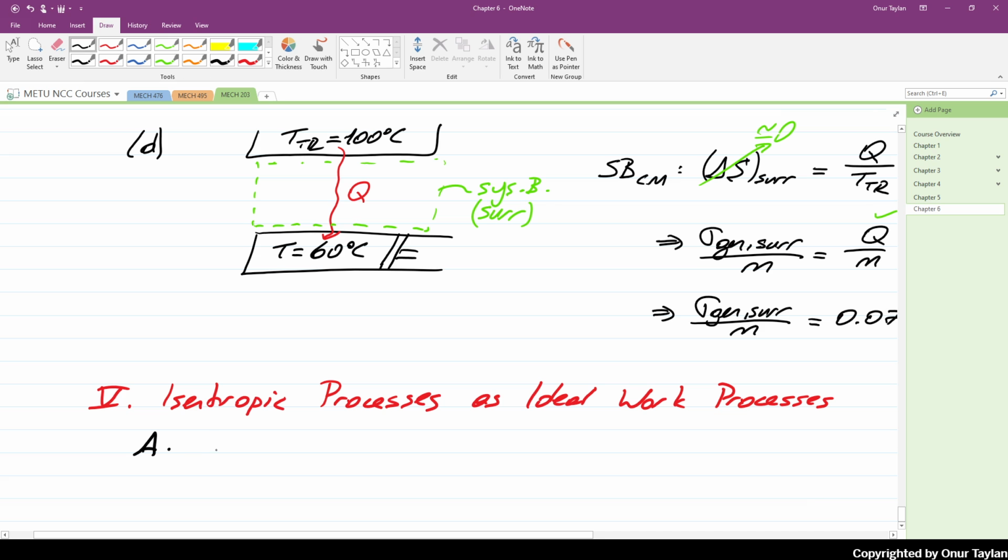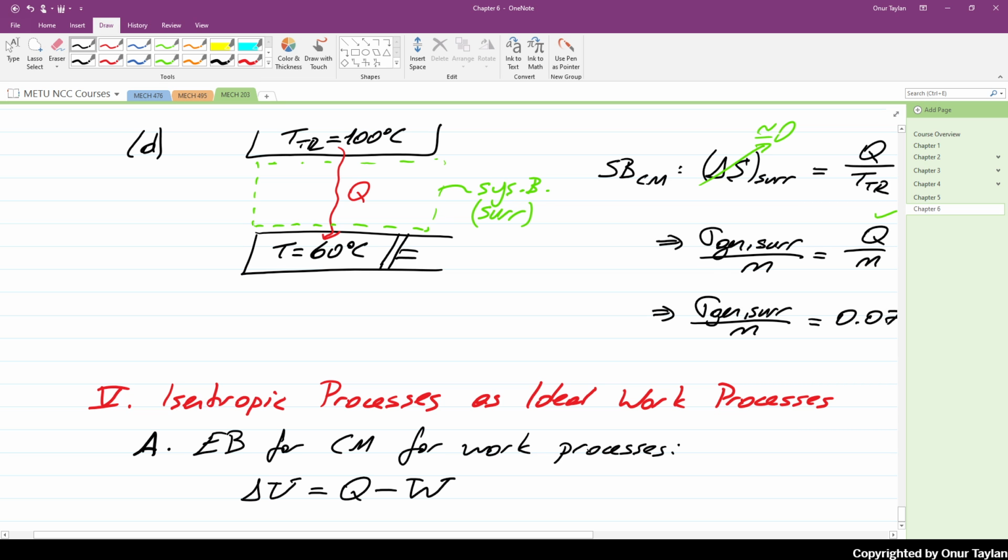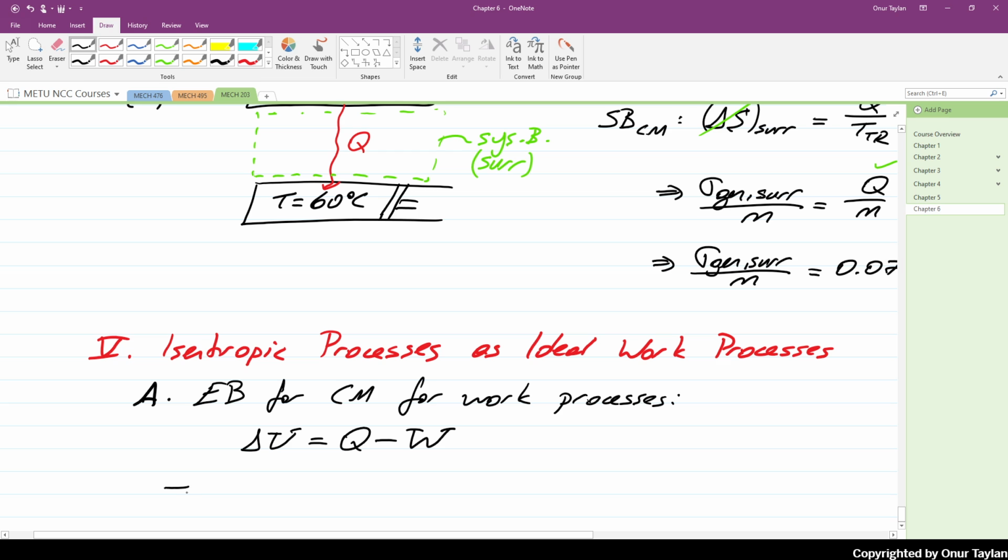Consider the energy balance for the control mass for work processes. That's going to be delta U is equal to Q minus W, right? And typically, delta U is equal to minus W because it is adiabatic.